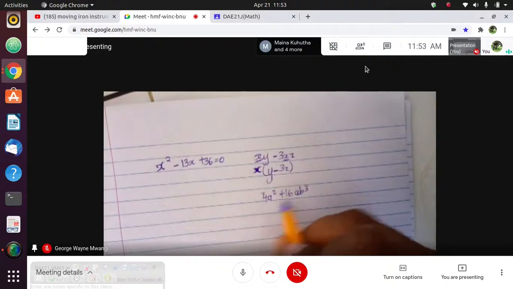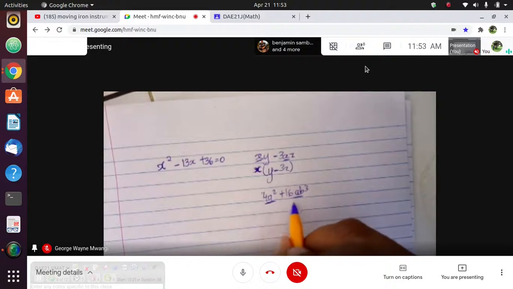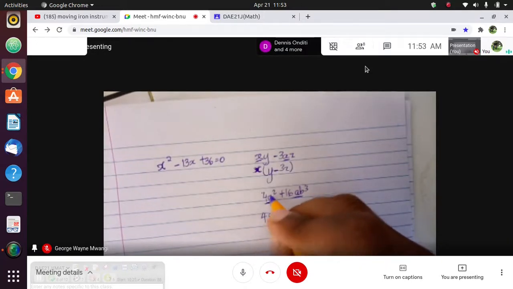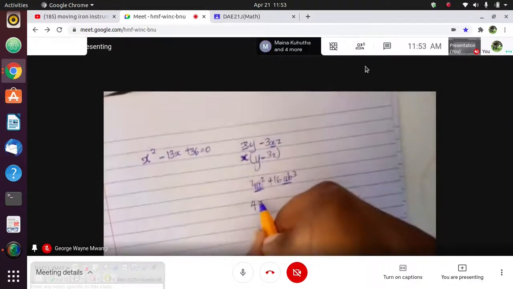The common factors in this expression ni ngapi? In these two variables, 4a squared and 16ab cubed, what is the common factor? Ni ngapi? 4a. Remember to also include these variables. Yeah? So we factor out 4a.